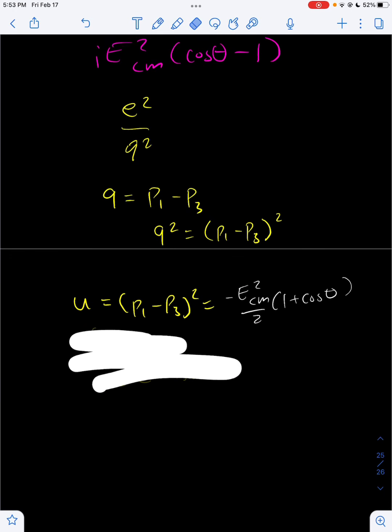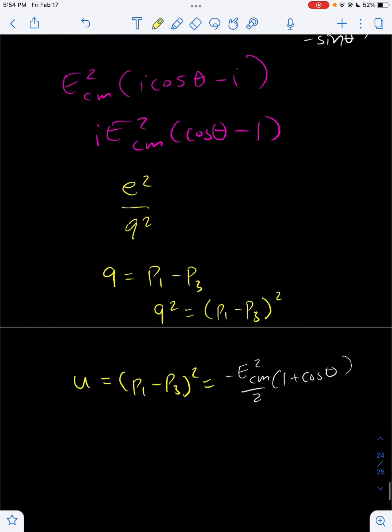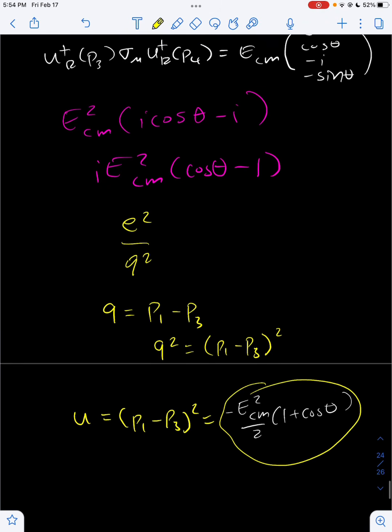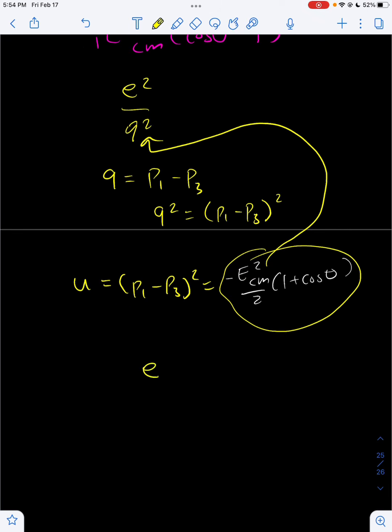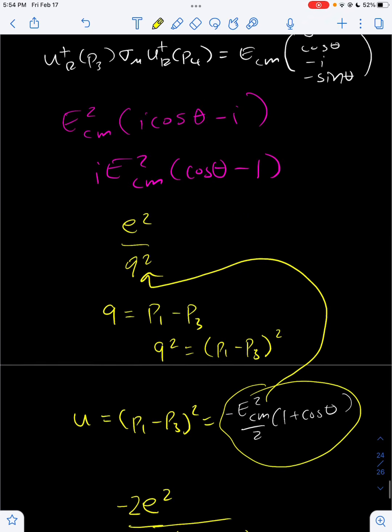So what we can do now is simply plug this back in. We just have to plug this in for the Q squared. And this is going to be E squared over minus 2E squared over E squared Cm, 1 plus cosine of theta, so all being divided by that.